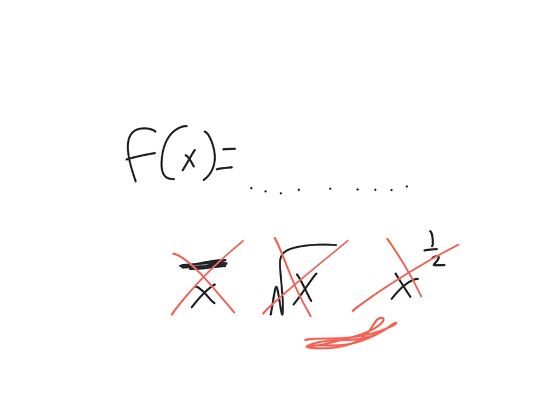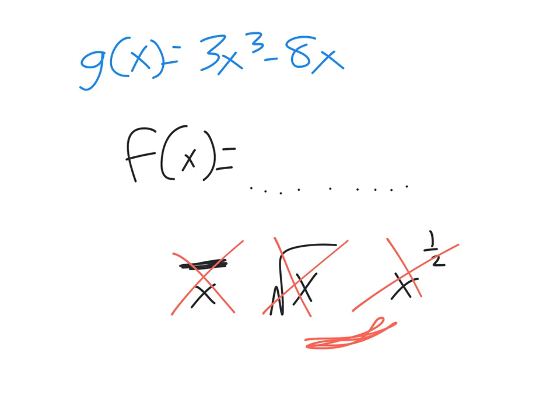So some examples of polynomial functions, you could have something like g of x equals 3x to the third minus 8x to the second plus 1. That would be a polynomial function. Something like this, h of x equals 3x to the 17th. That's a polynomial function, even though it's just one term.